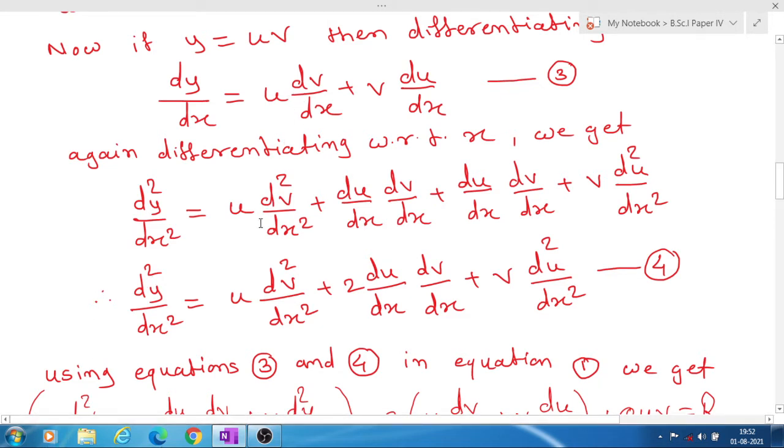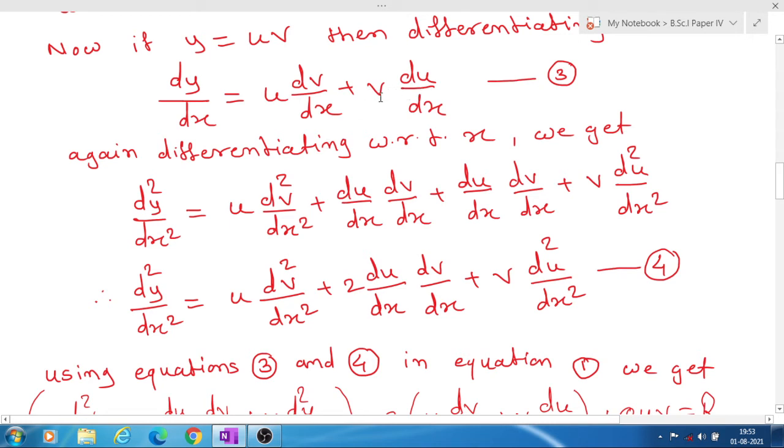u as it is, and derivative of dv by dx is d2v by dx square, plus dv by dx as it is, and derivative of u is du by dx, so du by dx into dv by dx plus, similarly here we use product rule and take derivative.